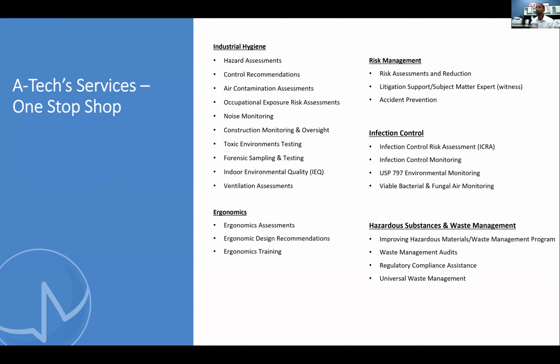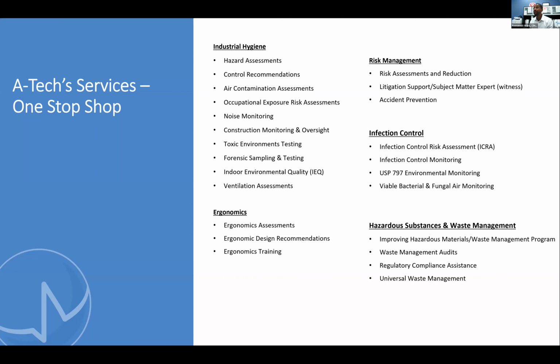Within that umbrella, we do a host of industrial hygiene services, including hazard assessments, control recommendations, air quality assessments, occupational exposure risk assessments for people at work, for example noise monitoring and compliance, construction safety oversight and monitoring, toxic environments and forensic sampling testing, and indoor environmental quality, which is also known as indoor air quality.